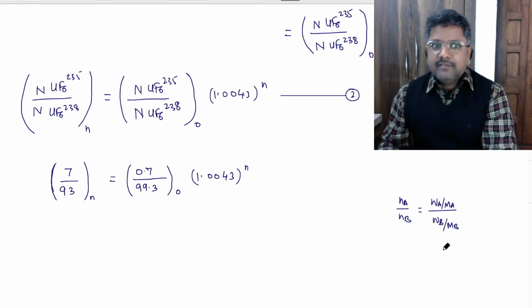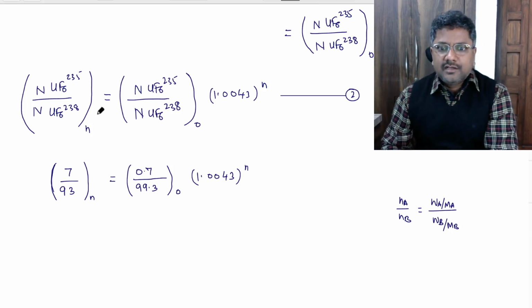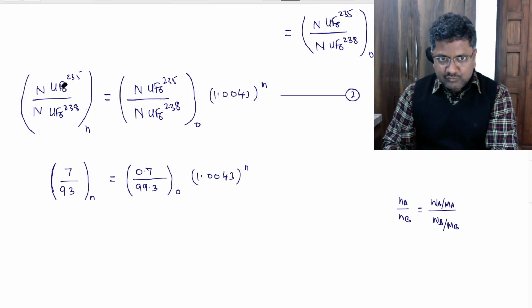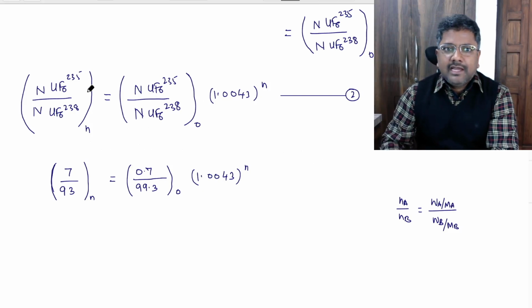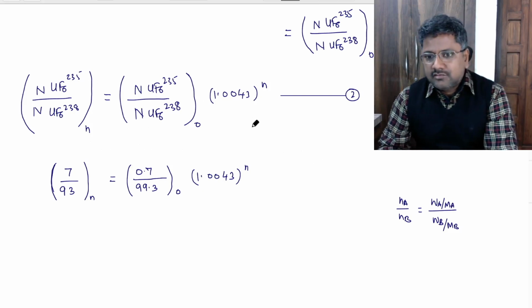So here, left hand side you do the same thing and the right hand side you do the same thing. So this factor Ma and Mb, they cancel out, right?